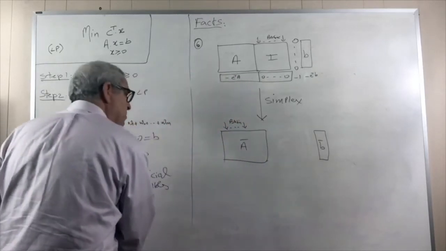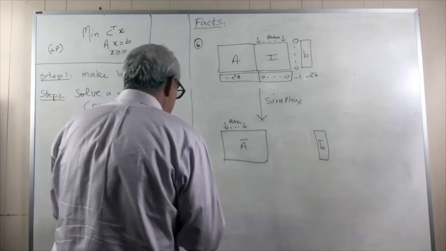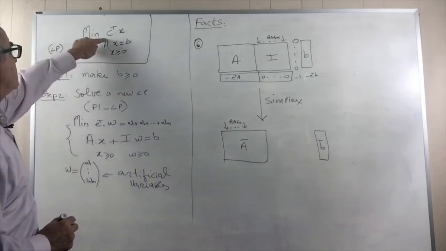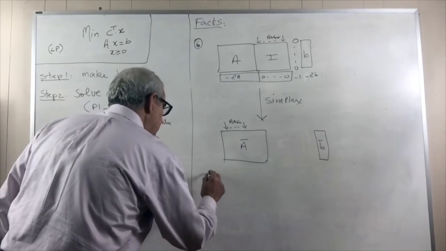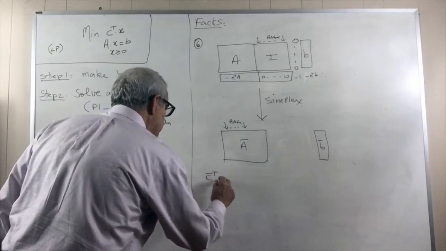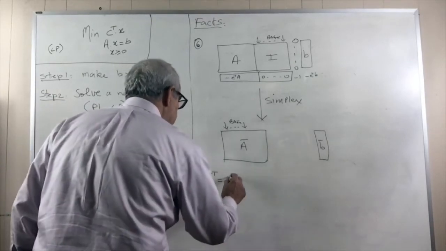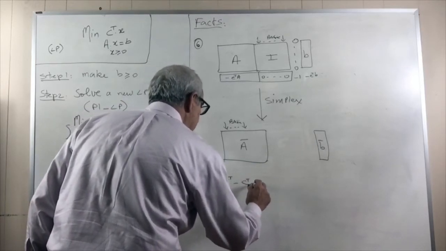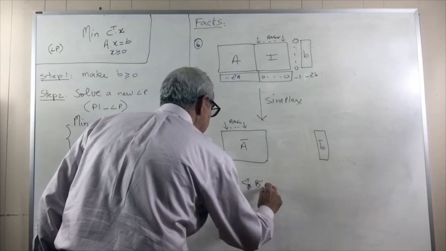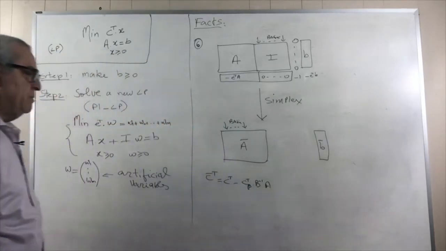I'll just keep A bar and B bar, and then I bring in the objective function C. C bar transpose is equal to C transpose minus C beta transpose times B inverse of A. Remember that formula.